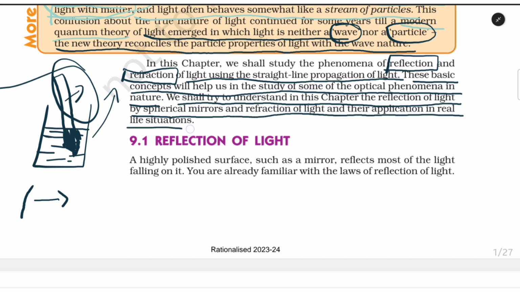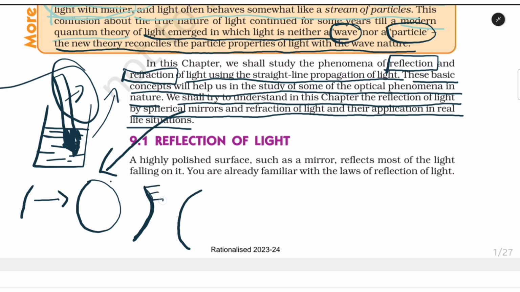You have heard the word spherical mirrors. What do you mean by spherical mirrors? In a circle, if we take one part, it looks like this. When it becomes a mirror, one side will be a rough surface and one side a smooth surface.